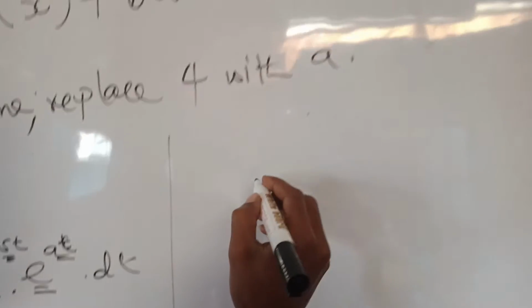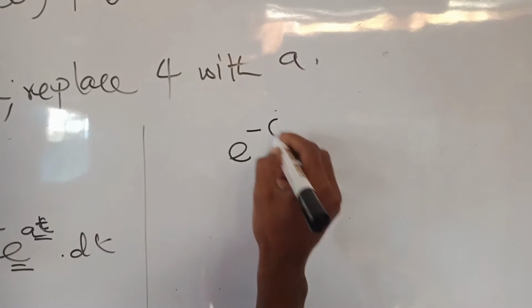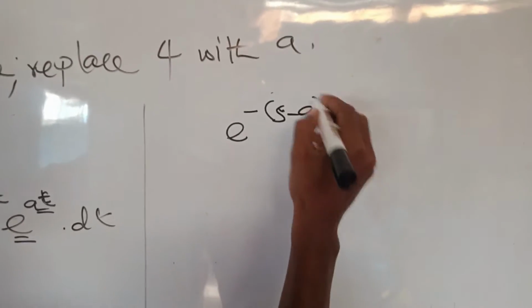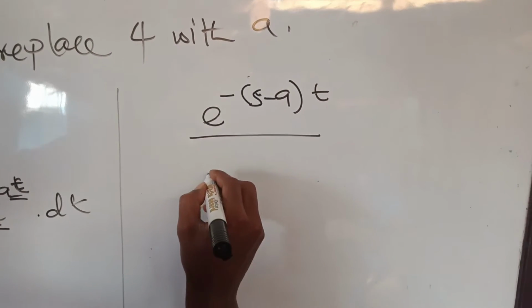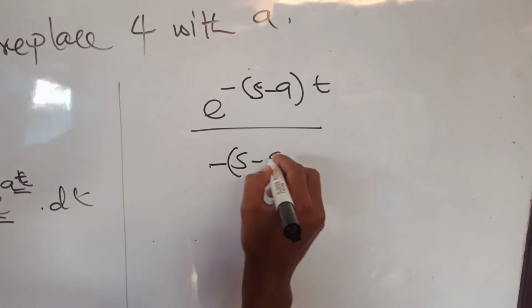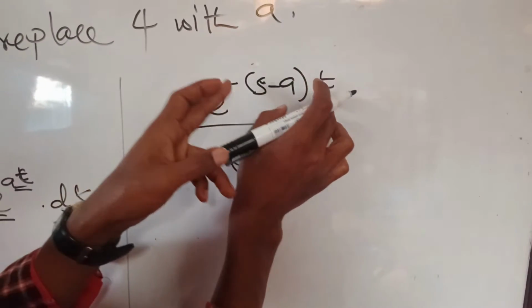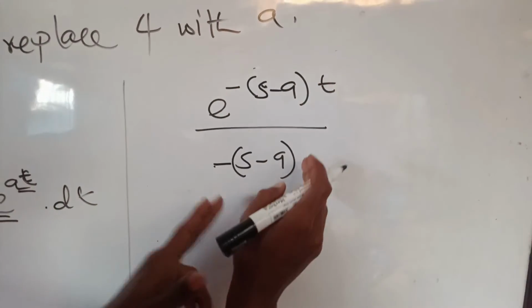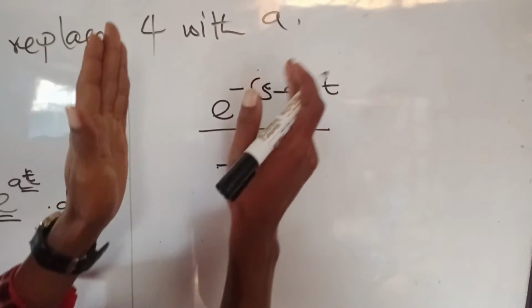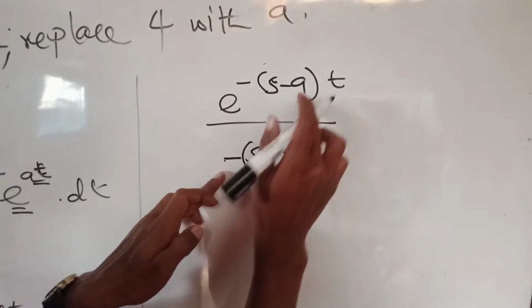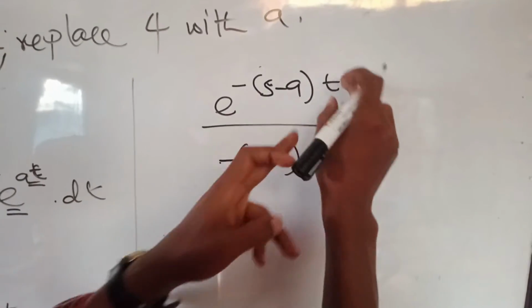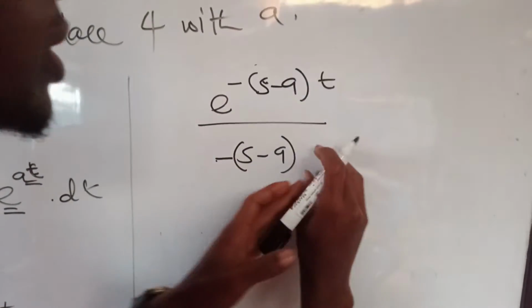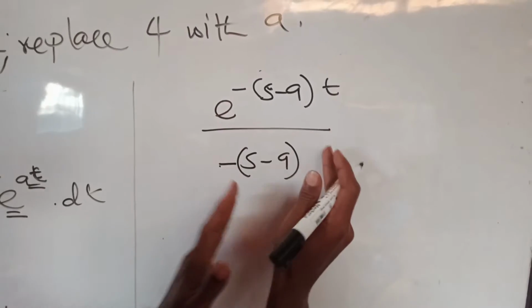It becomes e raised to negative, in brackets, s minus a t over negative s minus a. The value that is on the exponential comes down as a fraction, just the way it is, negative s minus a. Because we are integrating with respect to t, we don't put the t here below. So that's what we have as the integrated portion.